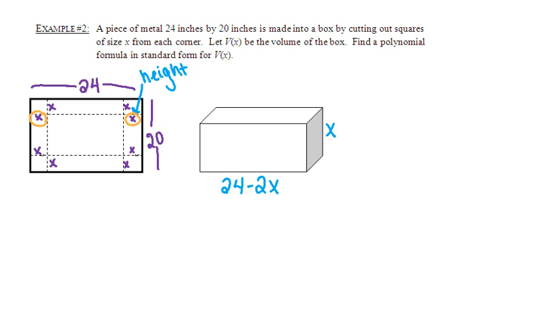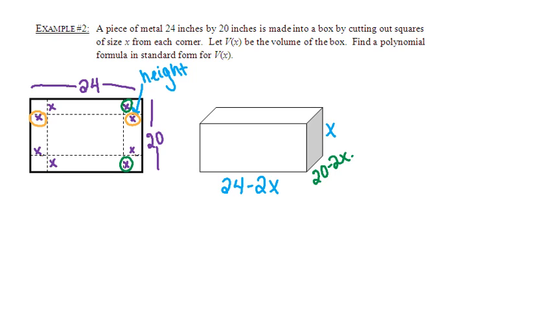Same thing with my width. In this box, I'm going to cut away an x down here and an x down here. So this is going to turn into the depth of my box instead of the width. So we're going to have 20 minus 2x along the sides.